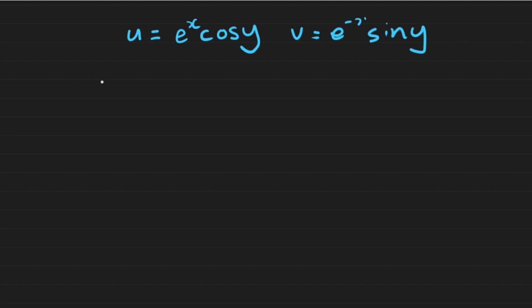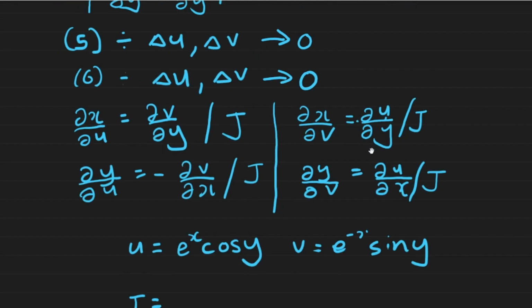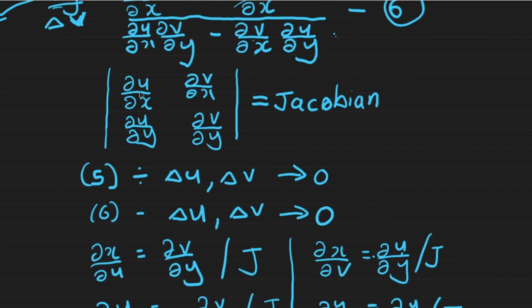So how do we go about finding ∂x/∂u? Well, we'd need to find the Jacobian first, and the Jacobian, as you would recall from earlier, is given by the determinant of ∂u/∂x, ∂v/∂x, ∂u/∂y, and ∂v/∂y.